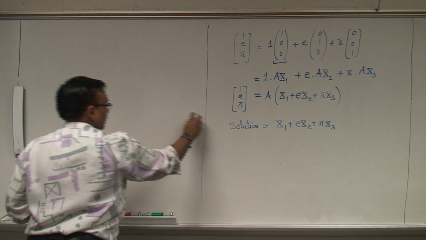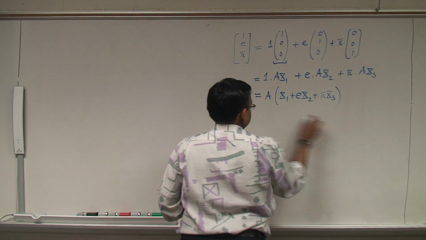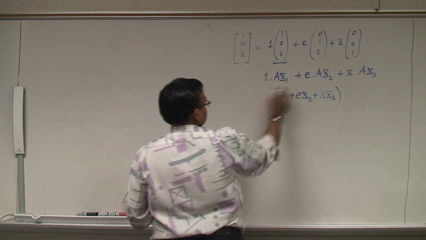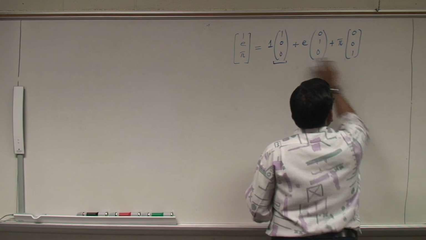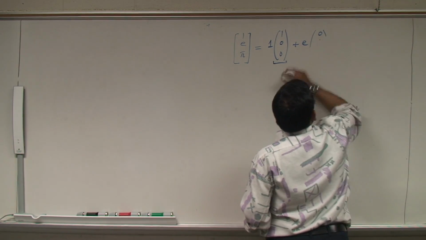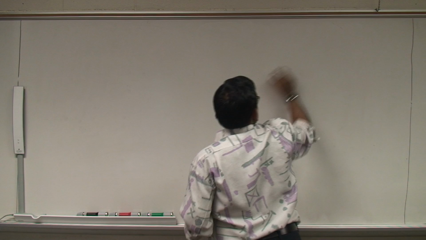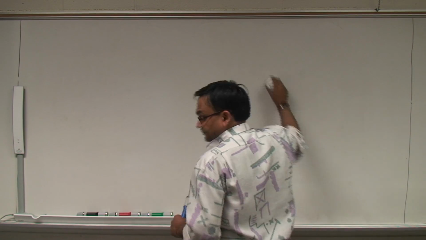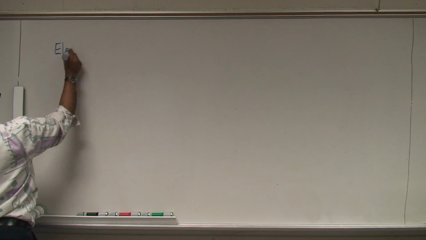And how do I know that an invertible matrix can be written as a product of elementary matrices? So let's come to the notion of elementary matrices.